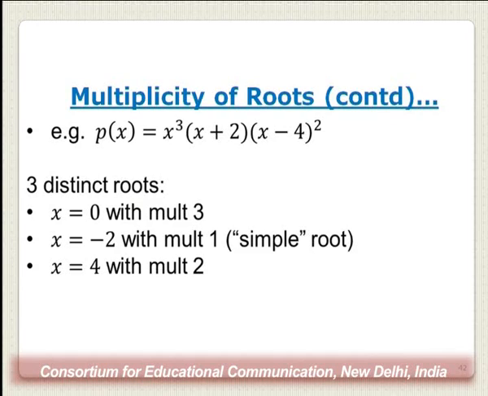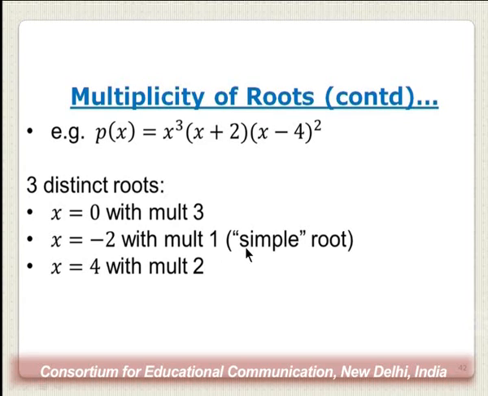Let's look at this example now. This is a polynomial of degree 6. You have x cubed times x plus 2 times x minus 4 squared. So what do you see here? The factor x appears thrice, so you have a 0 at x equal to 0 with multiplicity 3. You also have a 0 at x equal to minus 2, but this only has multiplicity 1.